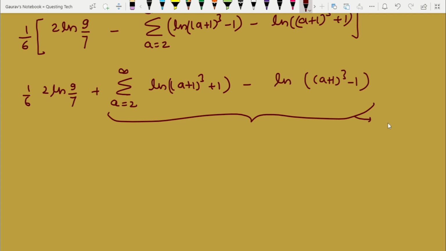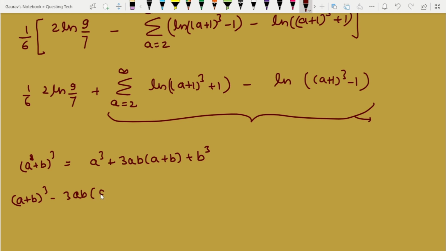For that we know that (a plus b) cube is a cube plus b cube plus 3ab multiplied by (a plus b). You know this? And can we write (a plus b) cube minus 3ab(a plus b) is equal to a cube plus b cube?